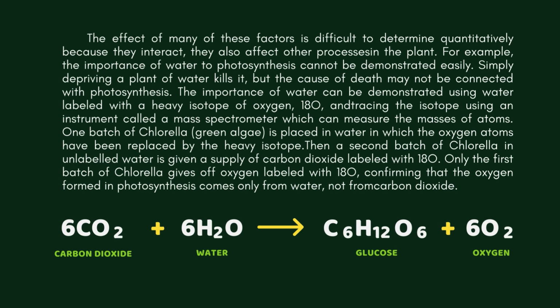Then a second batch of chlorella in unlabeled water is given a supply of carbon dioxide labeled with oxygen-18. Only the first batch of chlorella gives off oxygen labeled with oxygen-18, confirming that the oxygen formed in photosynthesis comes only from water, not from carbon dioxide.